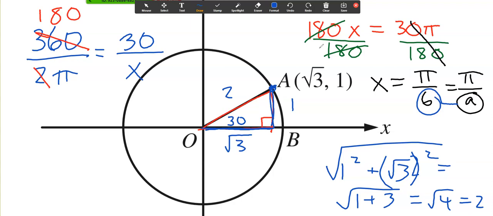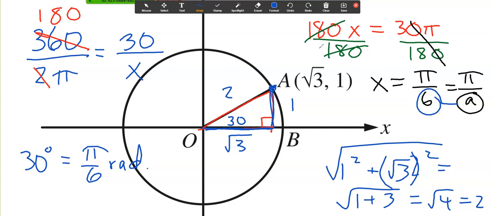Now, if you have had pre-calc or trig, then you know that a 30 degree angle is pi over 6 radians. So you would not have probably wasted your time doing this cross multiplying thing. But if you're in Algebra 2, you're not really familiar with your unit circle yet, so the conversion between degrees and radians isn't just on the tip of your tongue.